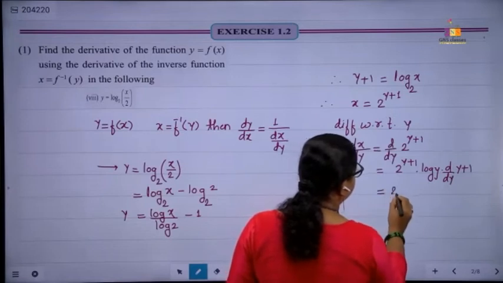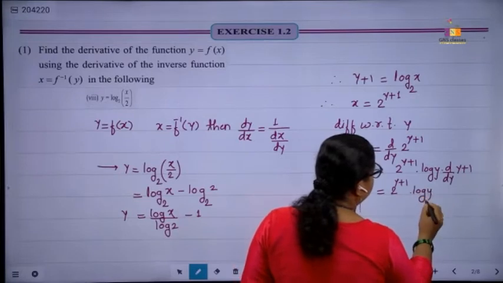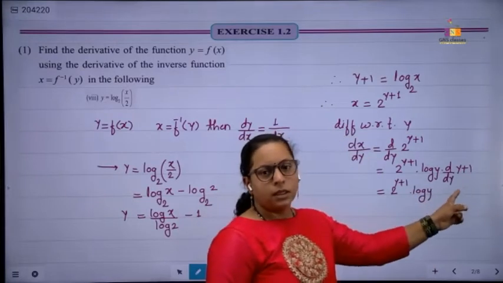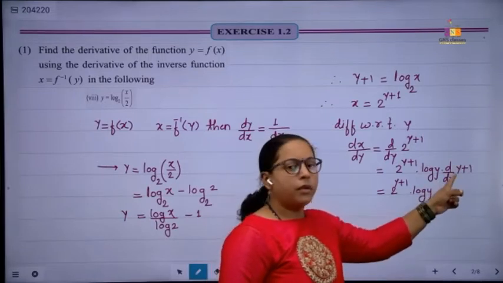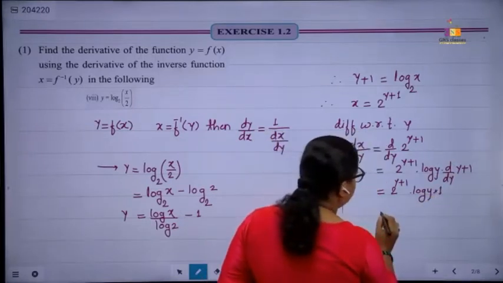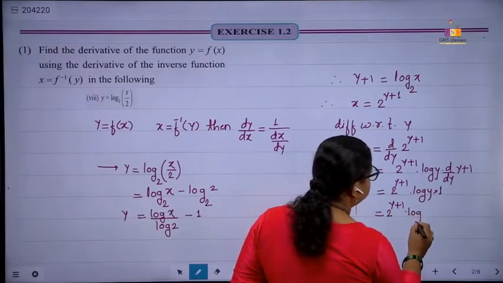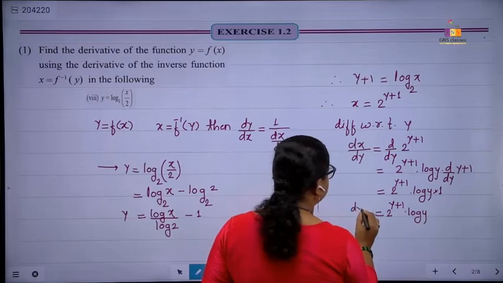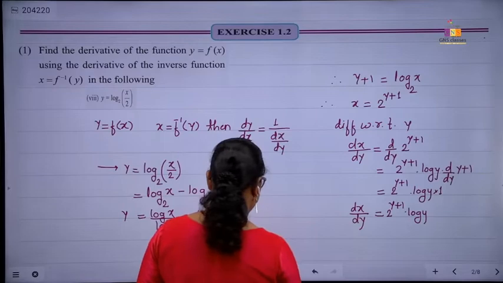Here 1 is constant, so its derivative is 0, and derivative of y with respect to y is 1. So our final answer is 2 raised to y plus 1 into log 2.